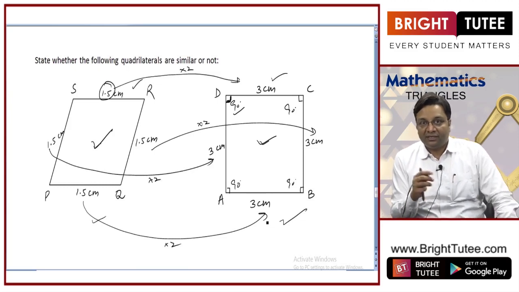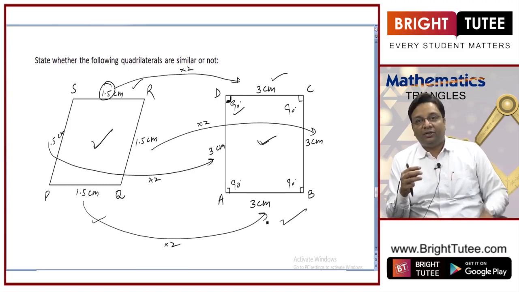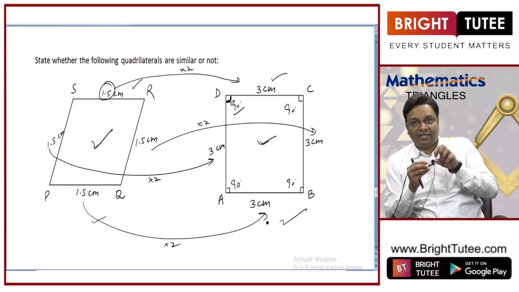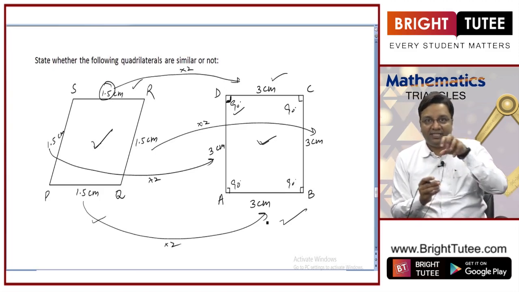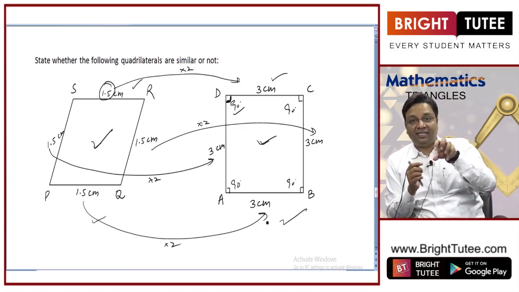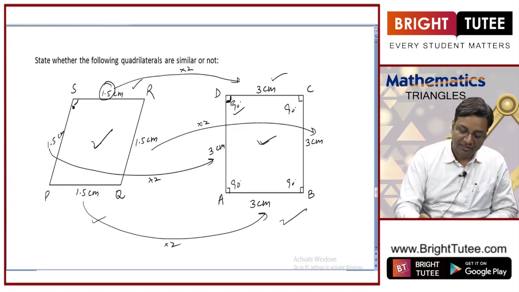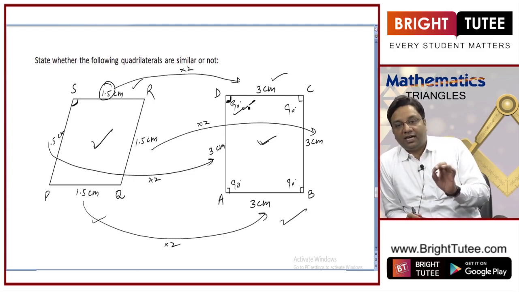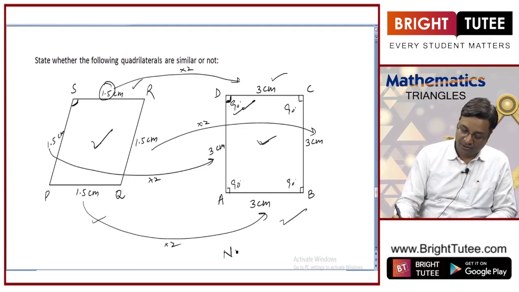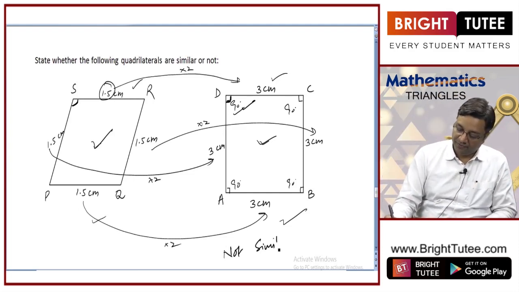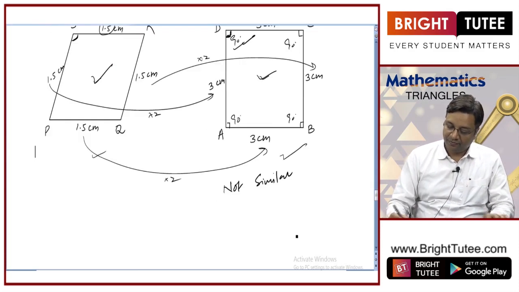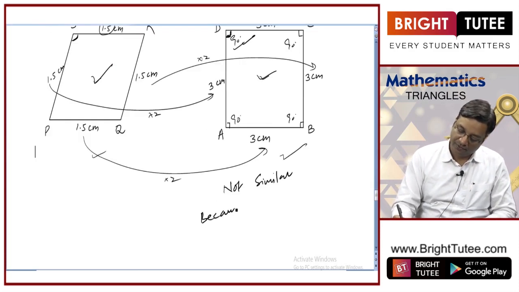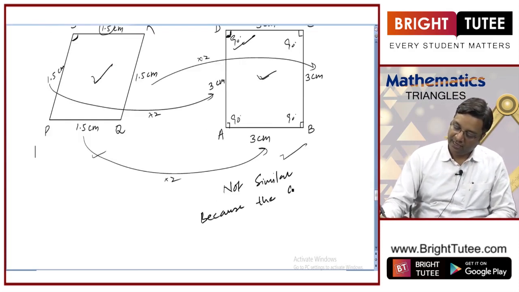So, yes, we are scaling up these figures, but not equally from all sides, right. We are not maintaining the shape, we are not maintaining the angles here, right. This angle is not same as this angle, hence these figures are not similar. So, not similar because the angles are not equal.